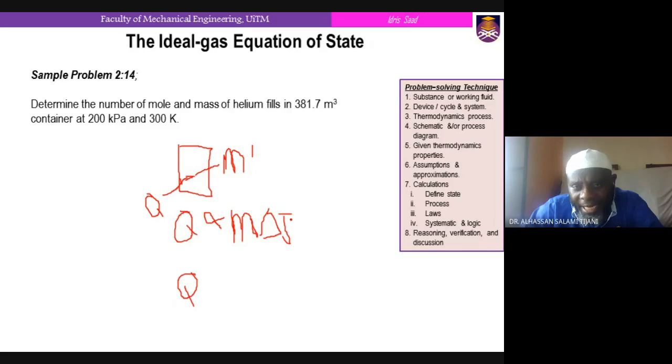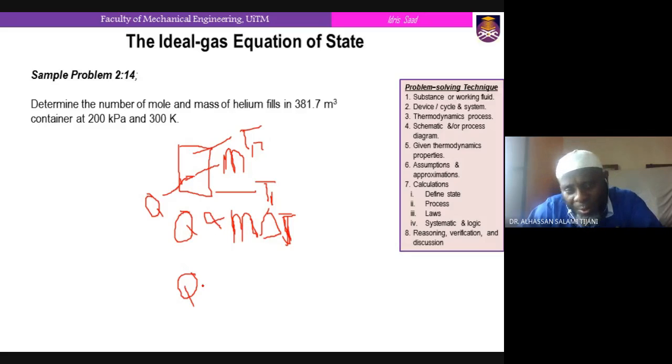And the higher the delta T, that's the temperature difference, the higher the Q. The temperature difference means you have initial temperature T1 and final temperature T2, so that is our delta T. More heat means a higher temperature difference. So M and delta T are proportional to Q.